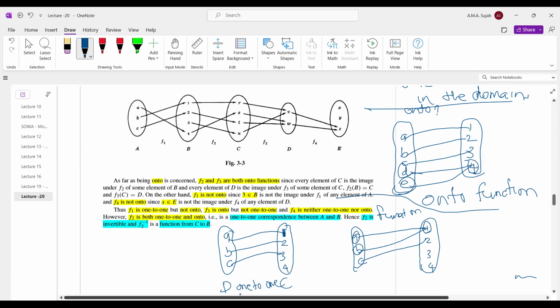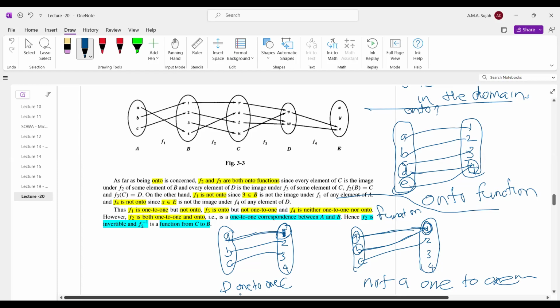If you look at the codomain element, it definitely has a relation with only one domain element, right? But in this scenario, the codomain element 1 has a relation with two domain elements A and B. So this is not a one-to-one function. But here, this one is a one-to-one function. The important thing is that two different domain elements have the same output.